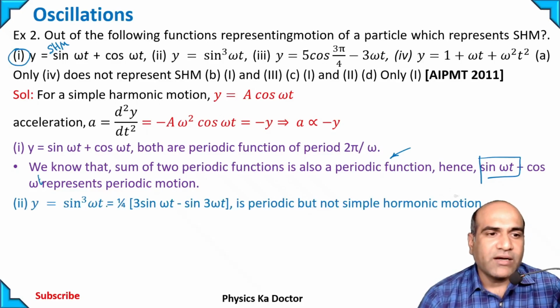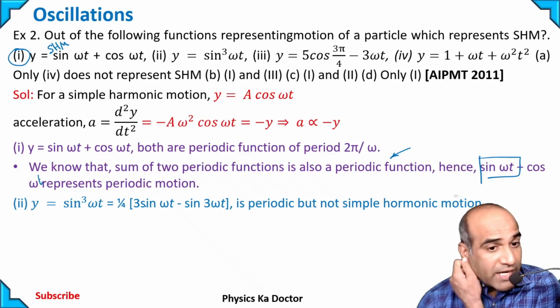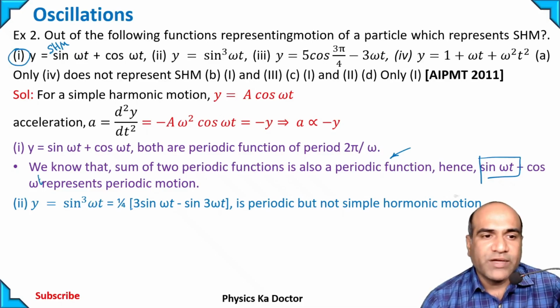Now second, y is equal to sine cube omega t, right? If we convert this sine cube omega t, we can simplify this equal to 1 by 4 into (3 sine omega t minus sine 3 omega t).